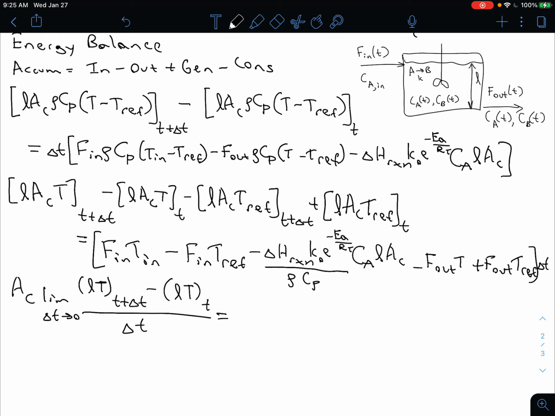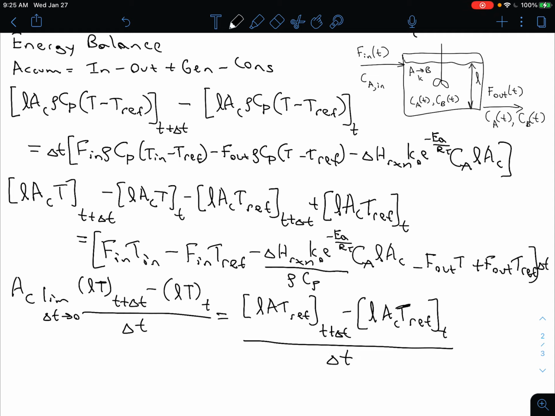And I'm going to collect all the terms that have to do with T ref. L A_c T ref at t plus delta t, minus L A_c T ref at t, divided by delta t.